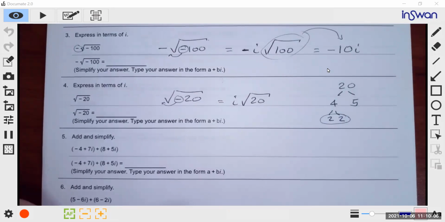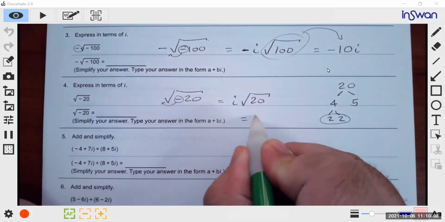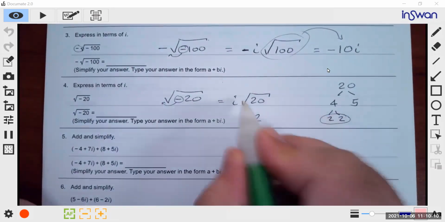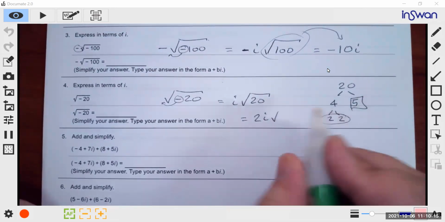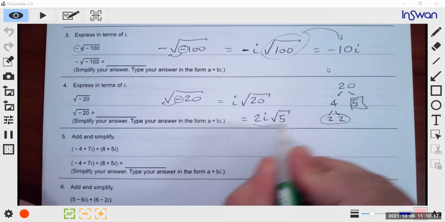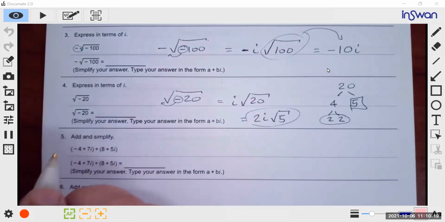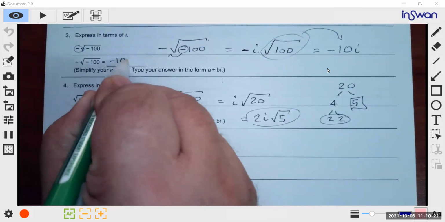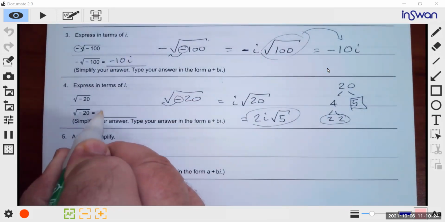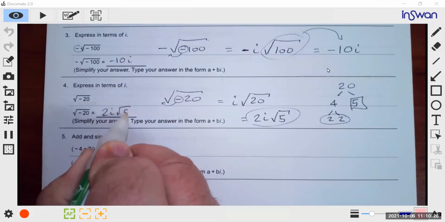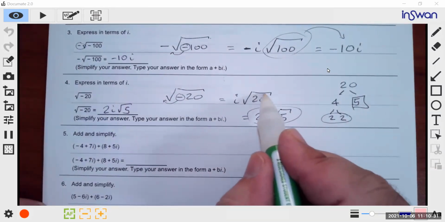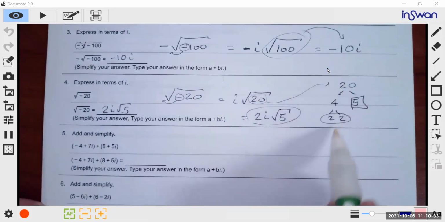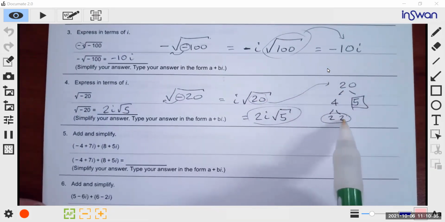We have a pair of numbers, so those 2's go out in front. So it's 2i square root of 5. There's your answer. So all I do is take this 20 and break it down to its smallest pieces. Once I find a pair of numbers, they go out in front. Whatever's left stays inside.